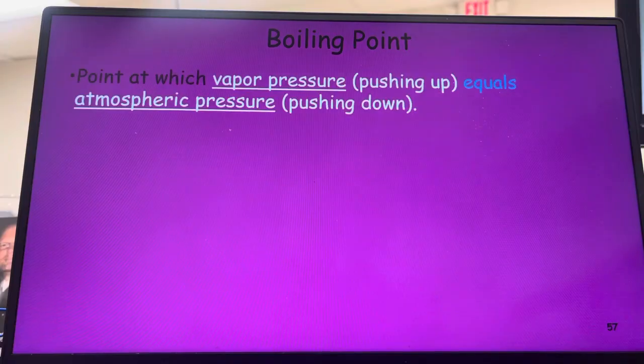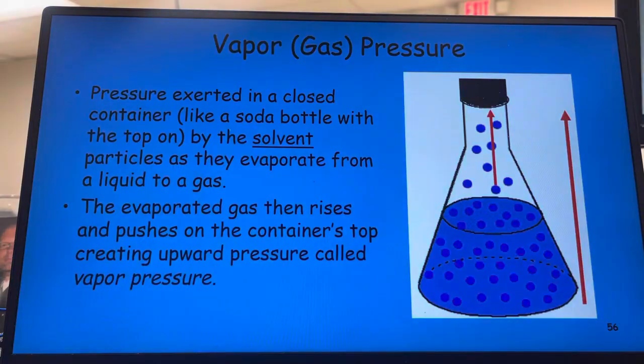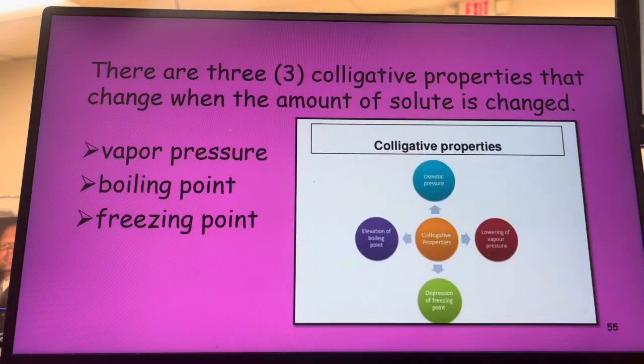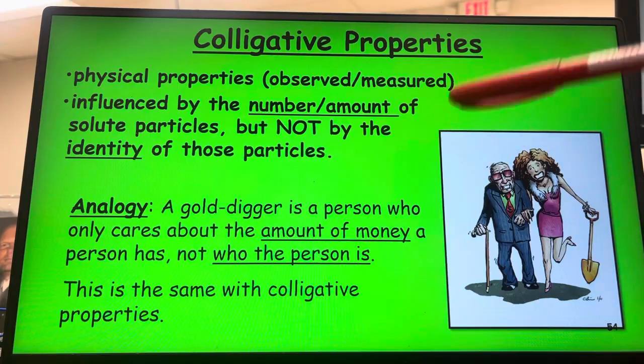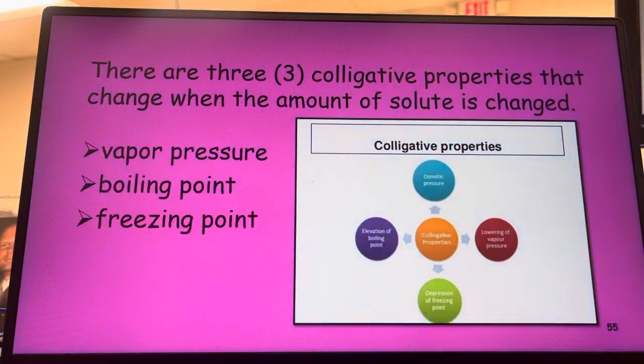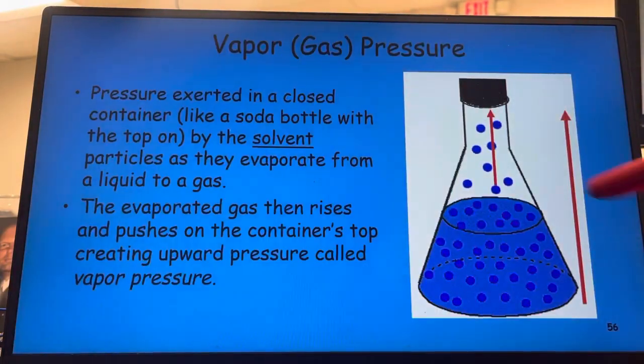All right, boiling point. Going back another step, it's the amount of solute particles, not the identity of those particles. So if you change the number of solute particles in this water, that's going to change the vapor pressure.